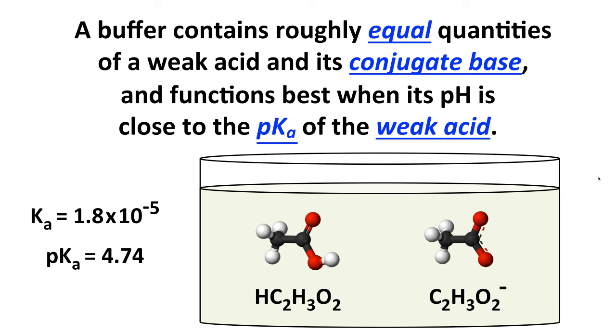And so if you make a buffer with acetic acid and acetate, then you'd like it to have a pH within about 1 pH unit of 4.74. So typically you'd want your acetate acetic acid buffer to have a pH between maybe 3.7 and 5.7 or so for it to buffer acid and base relatively equally.